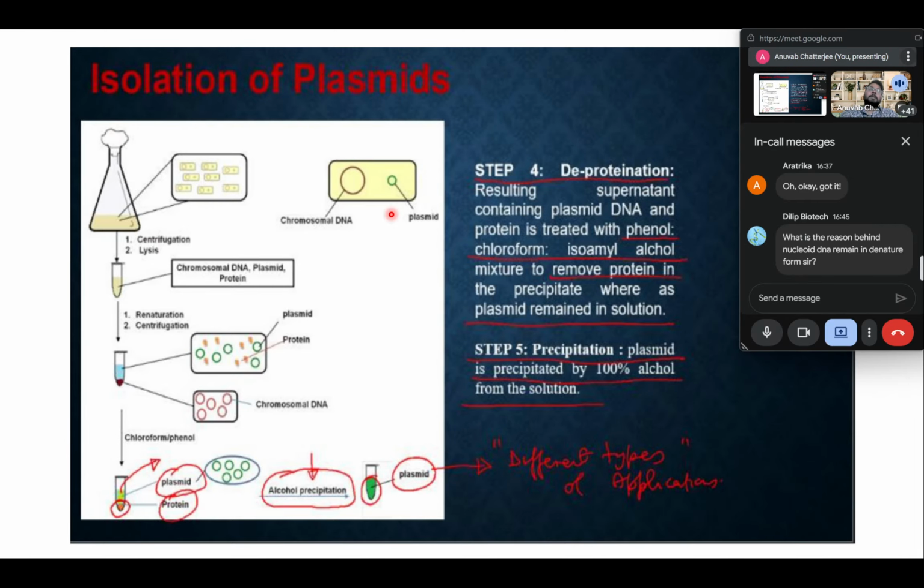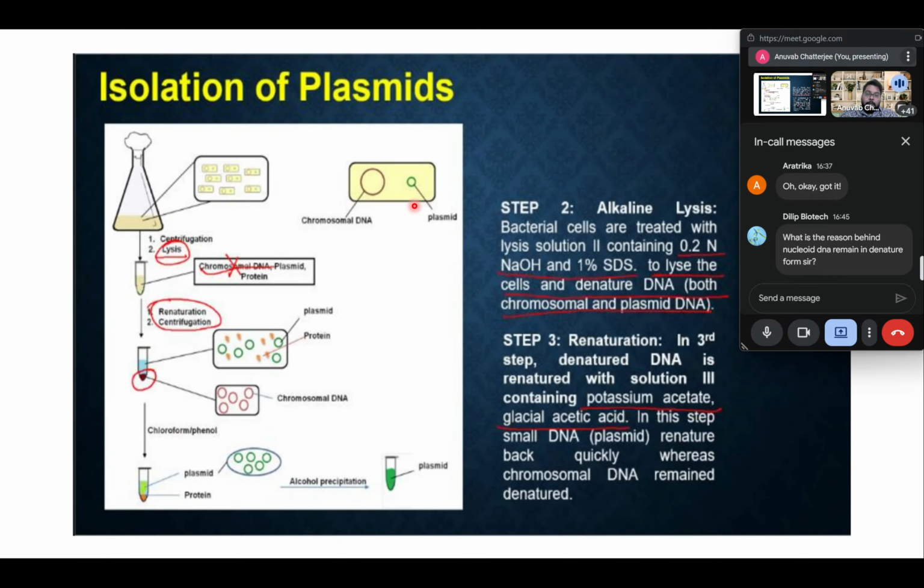But there is this interesting thing that happens, that during the second step of alkaline lysis, if I go back, you are always supposed to not shake the tube to mix the alkaline lysis solution with your solution 1 and the bacterial pellet. The reason is, if you shake the tube, genomic DNA can fragment and break into smaller chunks.